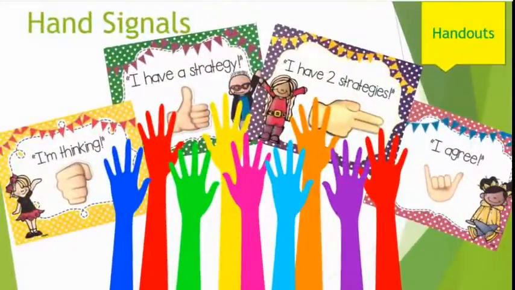So as we think about kids that raise their hand for just the correct answer, this is really what we're going to undo. The hand raising is kind of distracting because it gives permission sometimes, when we call on one student, for the thinking to stop. And so we're not going to be doing hand raising. We're going to be focusing on "I'm thinking, I have a strategy, I have 2 strategies."